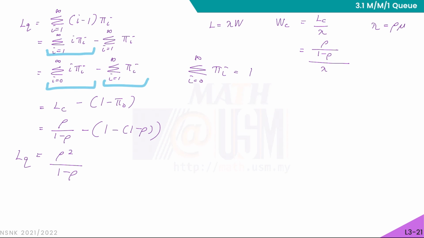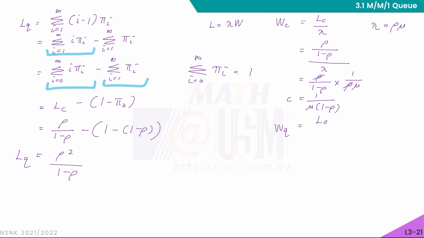So you should get rho over 1 minus rho times 1 over rho mu. You can cancel out your rho, so you should get 1 over mu times 1 minus rho for your WC. Okay, so next let us calculate our WQ.